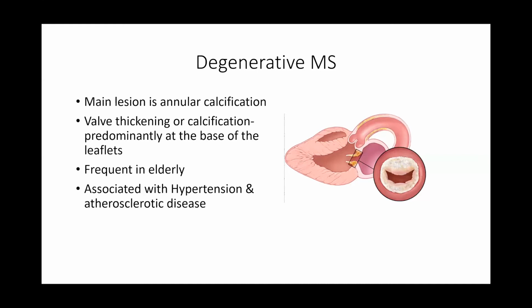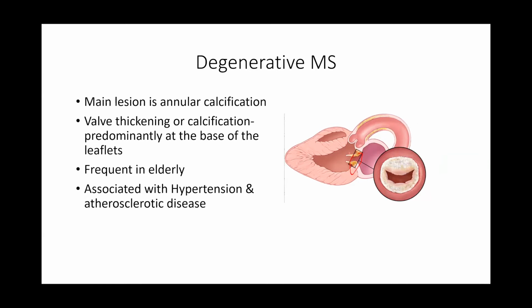Whereas in degenerative mitral stenosis, the main lesion is annular calcification, and it mainly affects the base of the leaflets. You can see the tip is not affected.